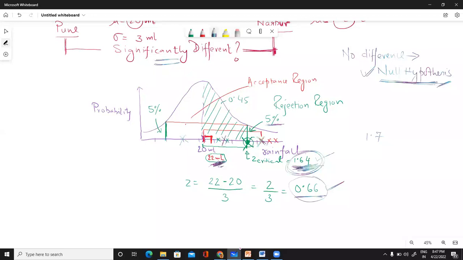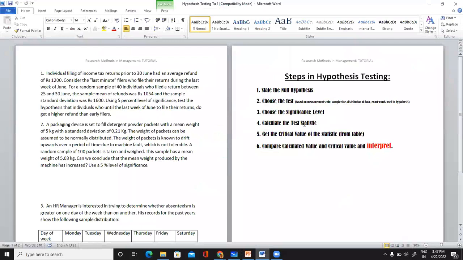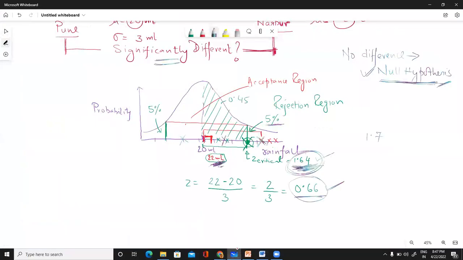We saw that the test statistic is less than the critical value, that is, the Z value of 22 ml is less than the Z critical value of 1.64. So we accept the null hypothesis and say that there is no significant difference between rainfall in Pune and Nagpur. So that is the interpretation.